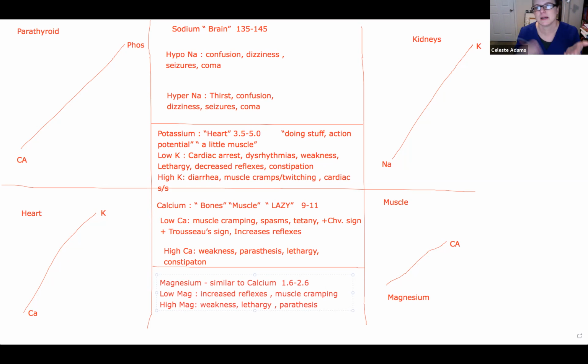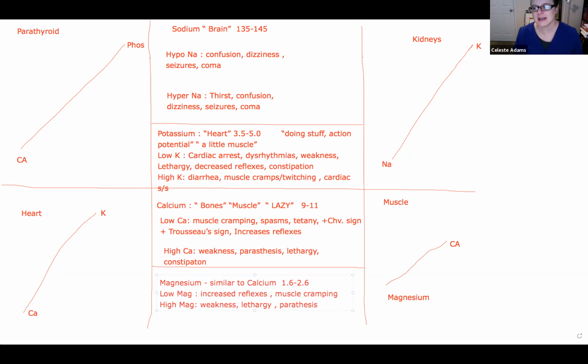So if sodium's up, potassium's down. It'll help you remember what's being balanced too. A lot of people have written this down on the test. It is on Canvas too. I did one on Canvas as well, and it has different colors and everything on it.